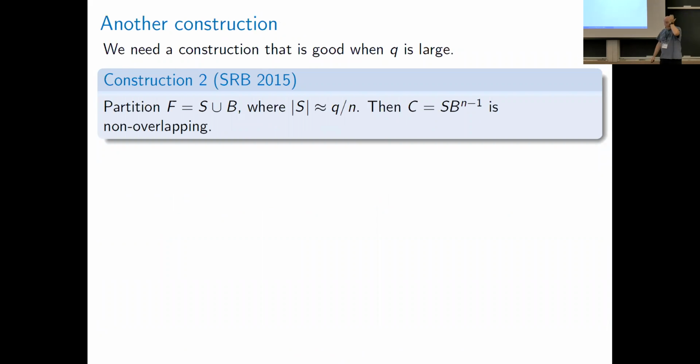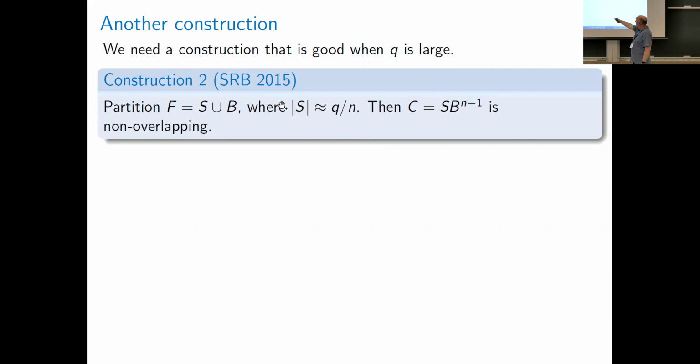So we need another construction, which gives us a better bound for that kind of situation, where we've got large alphabet size and small length. And here's a really simple construction. I take my alphabet, and now I'm thinking of my alphabet as being big, and I partition it into 2 disjoint sets, S and B, S for small and B for big.